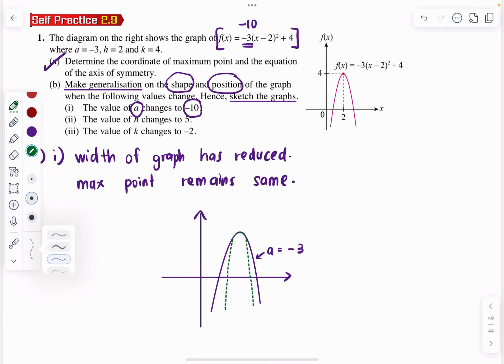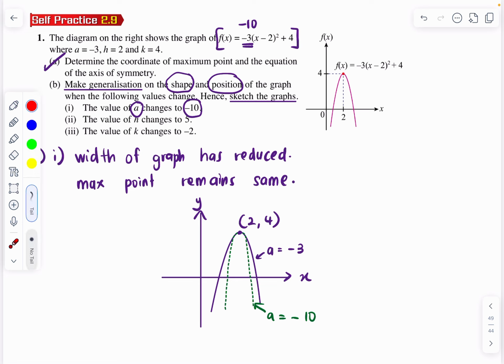So this is when a is -10. Then we can label the max coordinate. This is still 2, 4. This is x-axis, y-axis. So this would be our answer for B1. So you must clearly show that the graph width has changed and it intersects at the same maximum point. Therefore, the position is still the same. Just the graph width has become smaller.